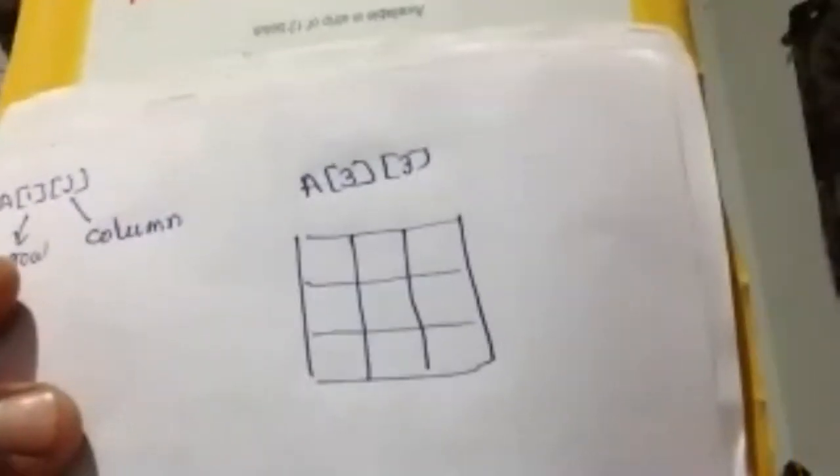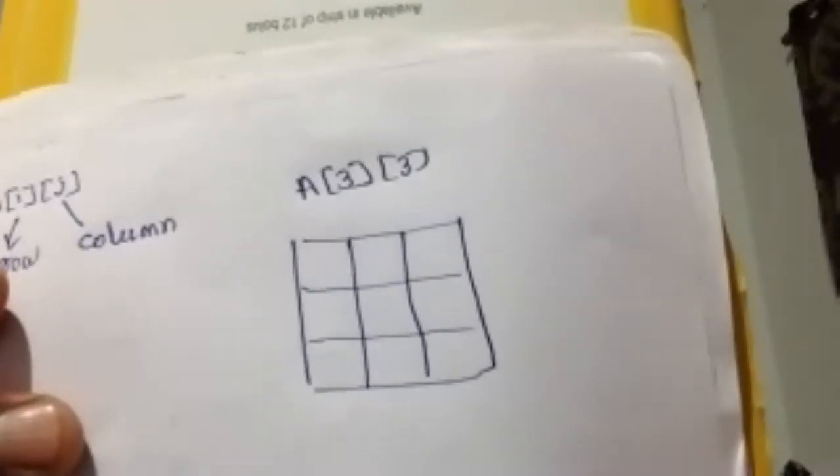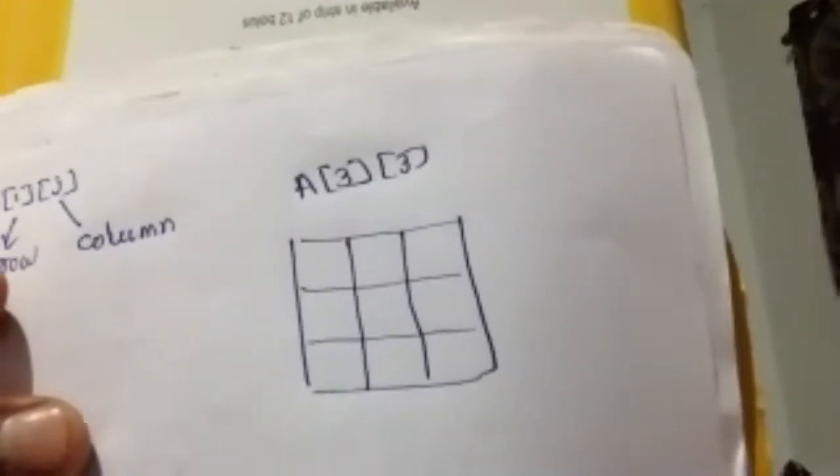Now, if I take one example, A, 3, 3, the system will occupy this table. If row 3 and column 3, the computer will occupy this memory location. This is not single dimensional, this is two dimensional, where we have row and column. The address is assigned like this way.